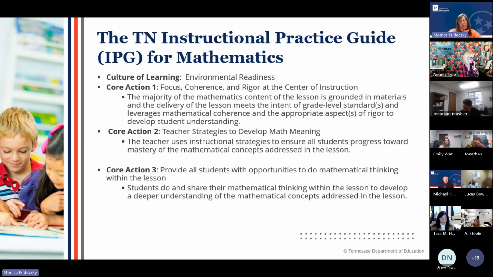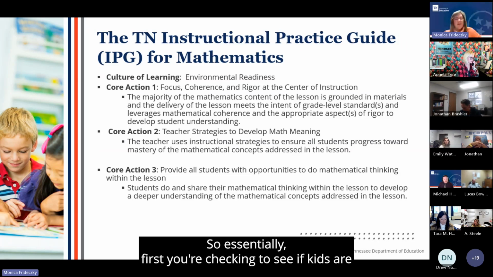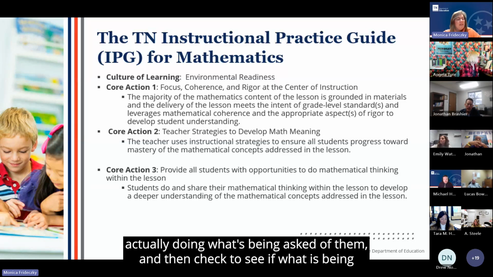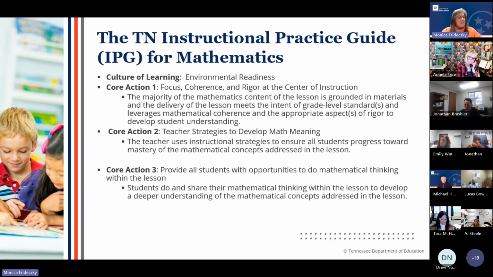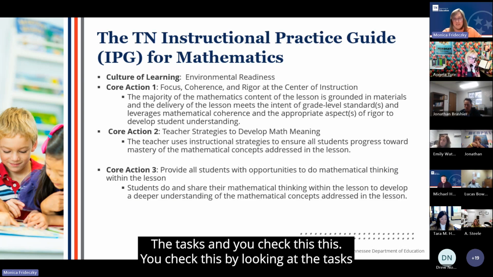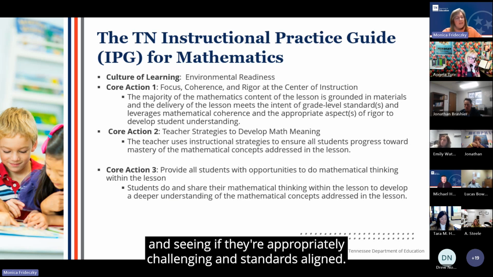So essentially, first you're checking to see if kids are actually doing what's being asked of them, and then checking to see if what is being asked of them is grade level appropriate. Is the content grade level appropriate in the lesson? You check this by looking at the tasks and seeing if they're appropriately challenging and standards aligned.